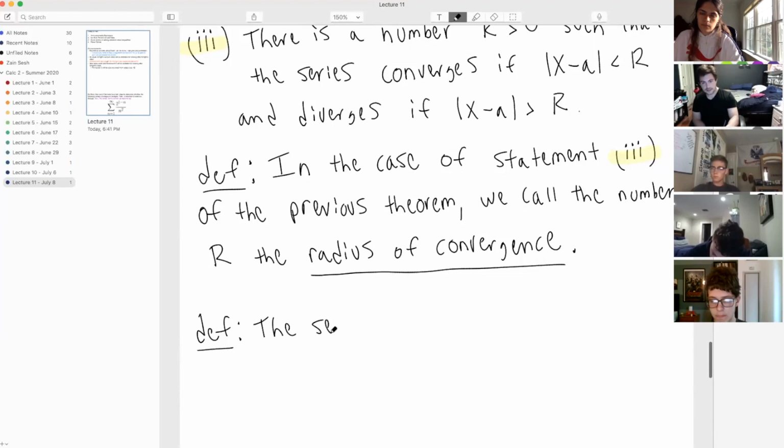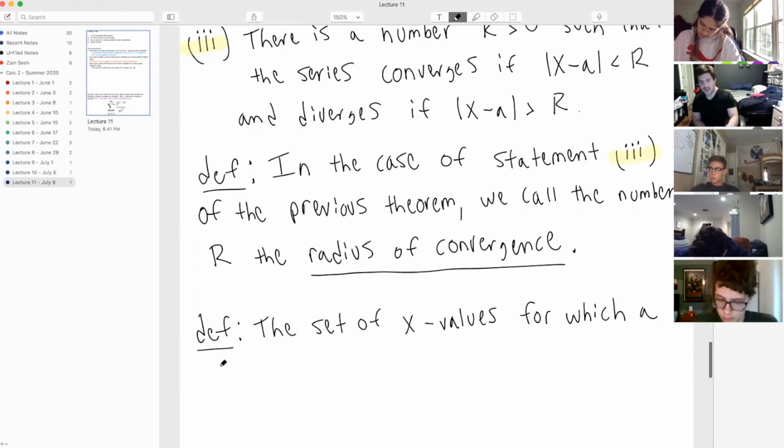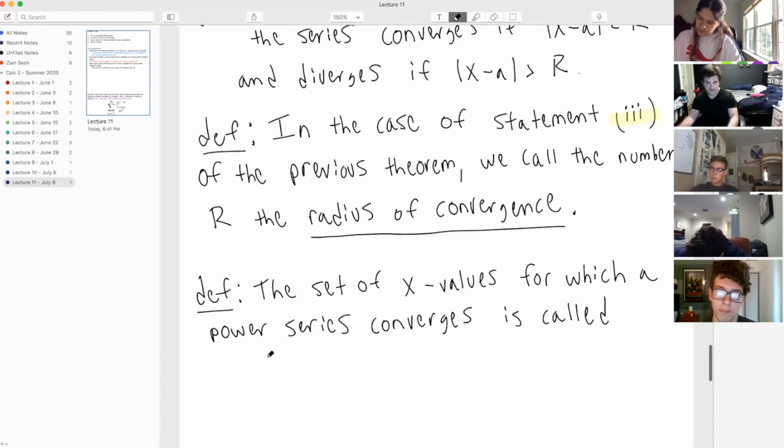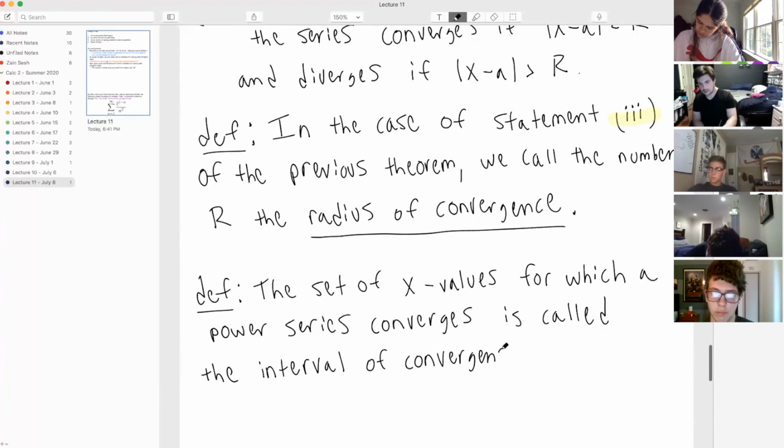The set of x values for which a power series converges is called, so we're going to have a name for this set of x values, the interval of convergence.